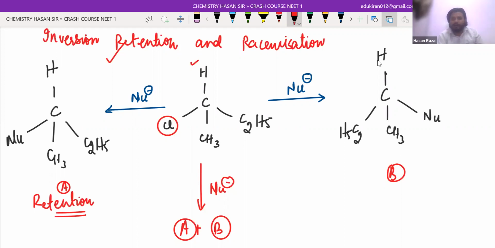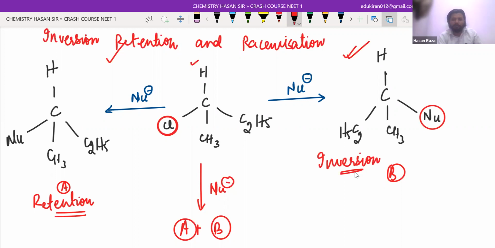But in the right hand side, you can see chlorine was on the left hand side, but the nucleophile is on the right hand side. That means it reversed its place. That's why this is known as inversion of configuration.